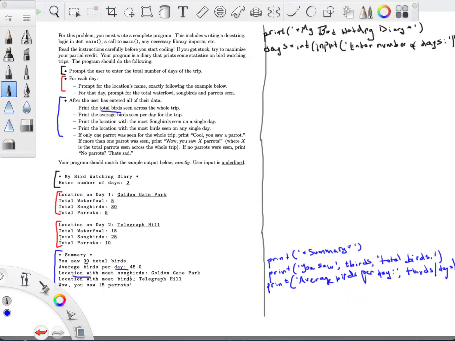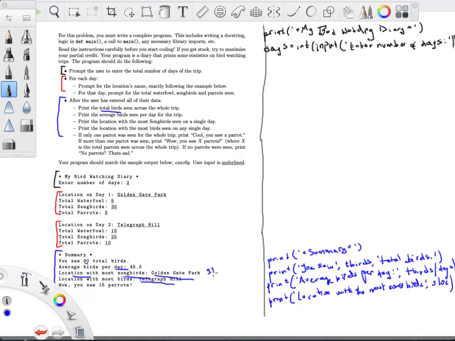Location with the most songbirds, print location with the most songbirds, sloc. It's another thing that I gotta figure out and keep track of.